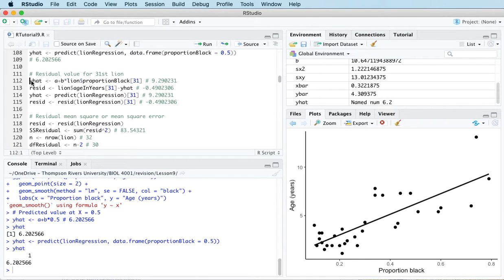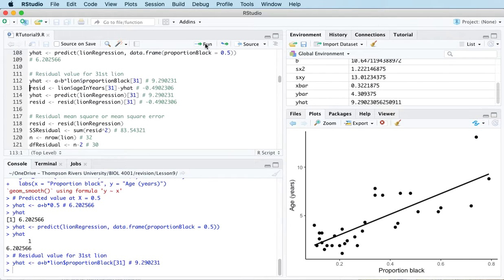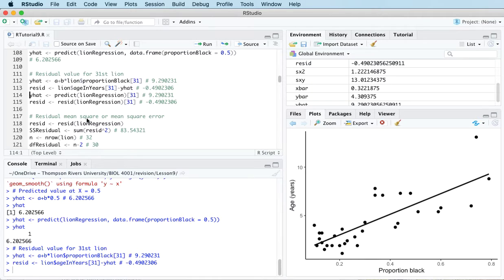So we can calculate the residuals for any of the sample observations, and this would be one way to do it. Again, we could calculate y hat first, and then calculate the residual as the observed response, which is this piece, minus the predicted response that we just calculated.